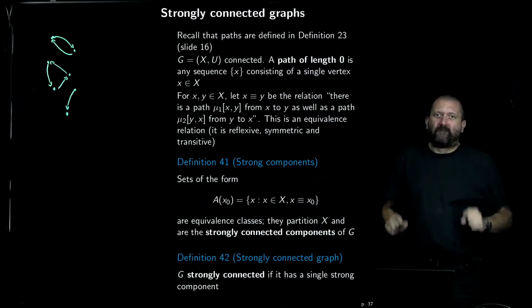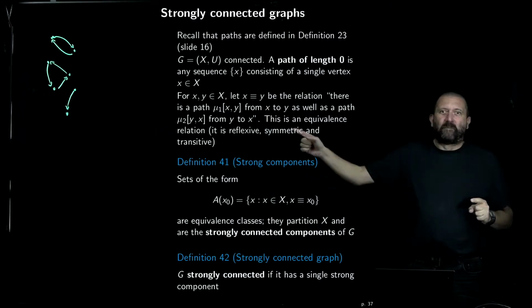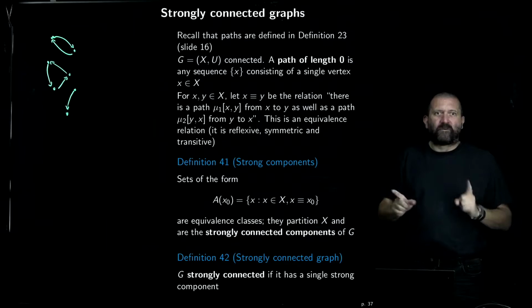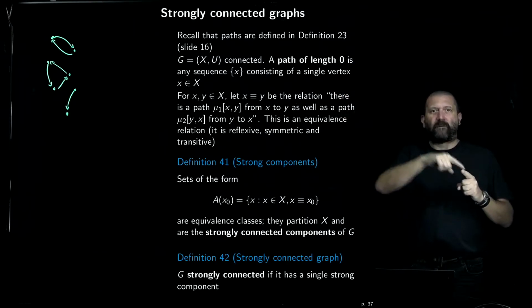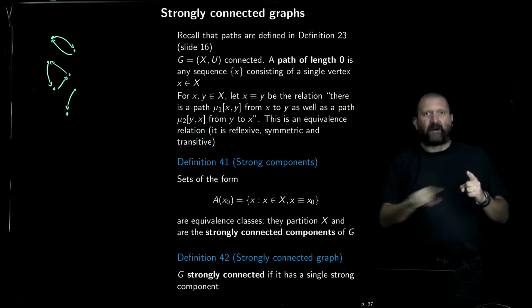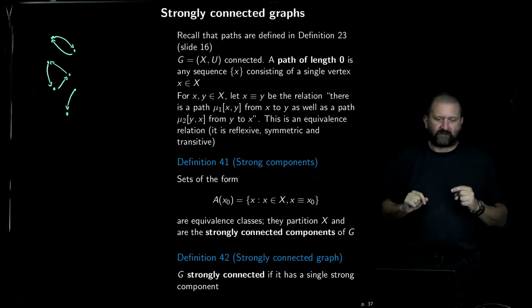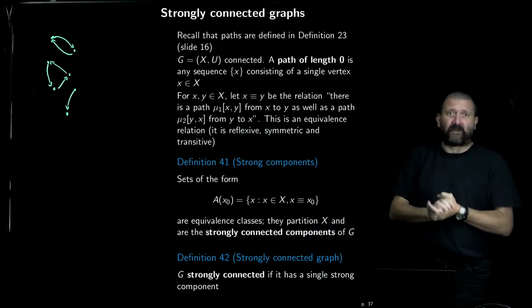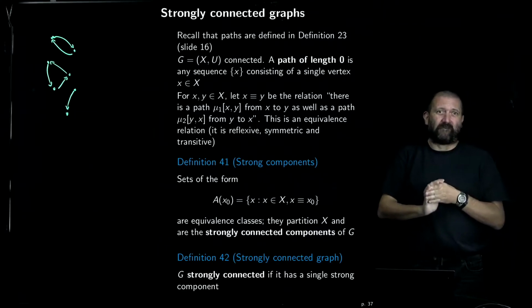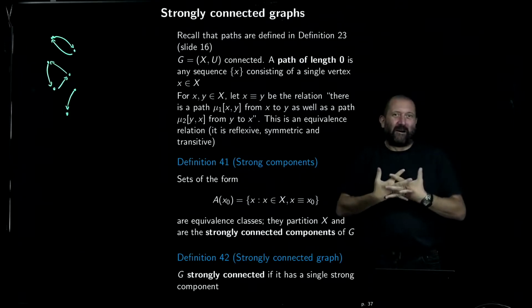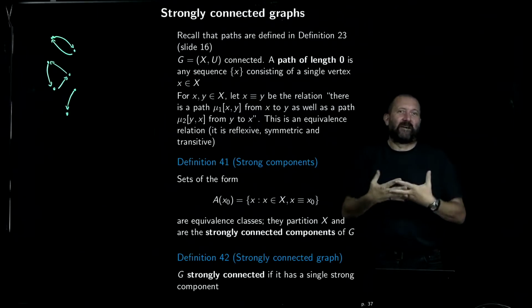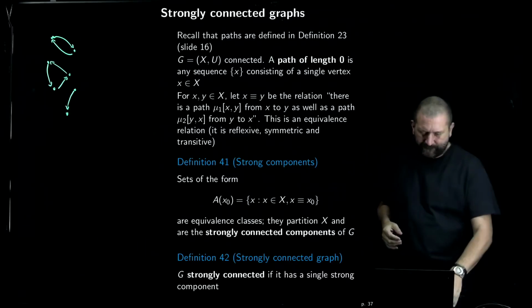Well, that means that between any two vertices in a strongly connected graph, I can find a path from one vertex to the other and a path back. So this is a very strong property for a graph to have, and it's actually quite common. It depends, but in many instances you'll find graphs that are strongly connected.